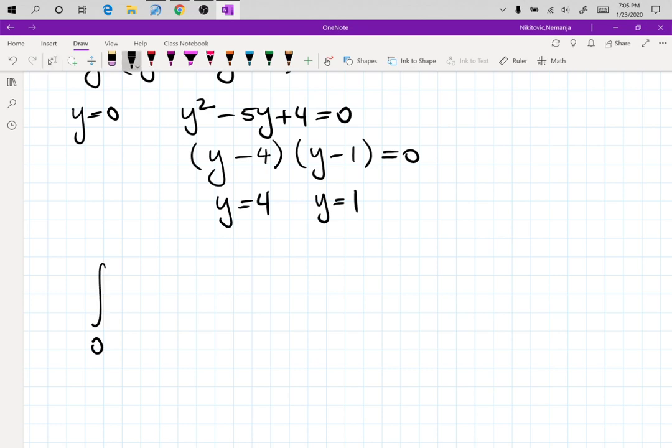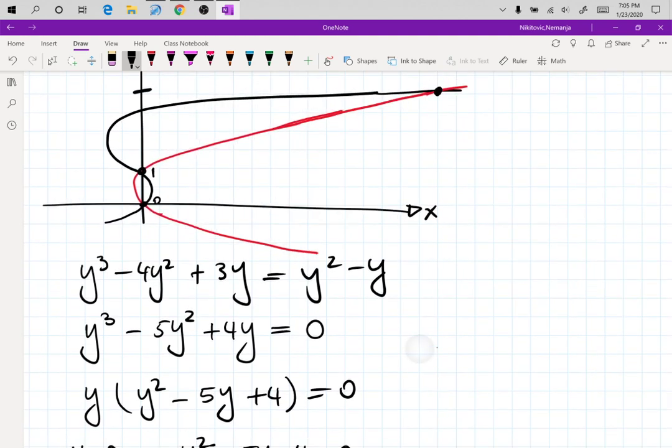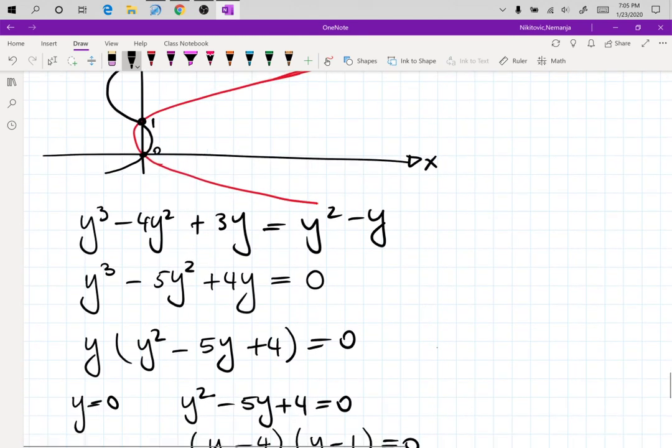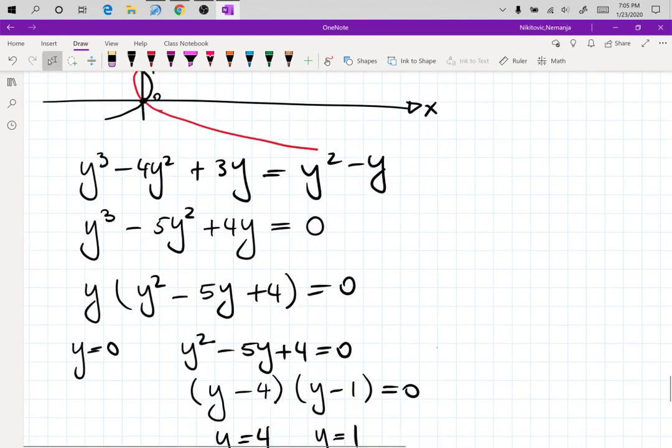Integral 0 to 1. And we're going to do black minus red. You can say right minus left, right? So 0 to 1, black minus red. Black is the cubic.